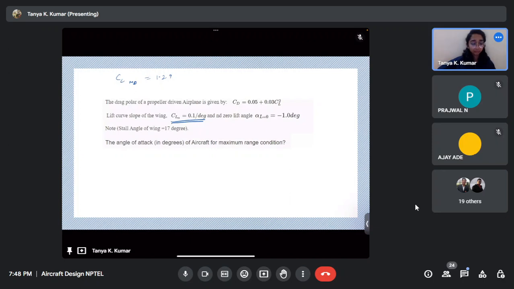Just think about it. They've asked you to find angle of attack. CL alpha is in per degree. CL is a non-dimensional quantity. So what equation do we use these two quantities in?